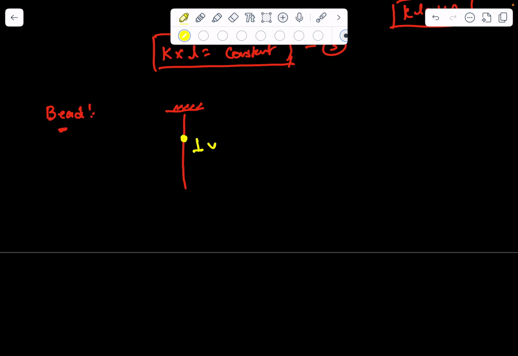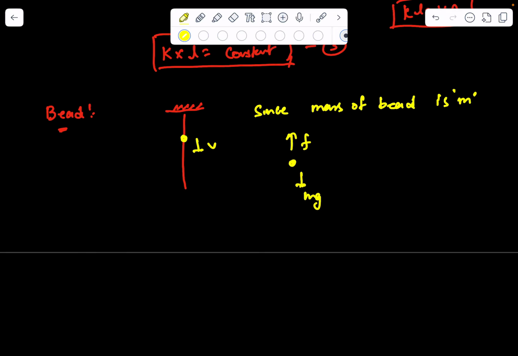The mass of the bead is m. If we write the FBD of the bead, mg force will act, and due to the threading and other forces that may be acting on the bead due to the elastic cord, let us say all those forces summed together will be F.